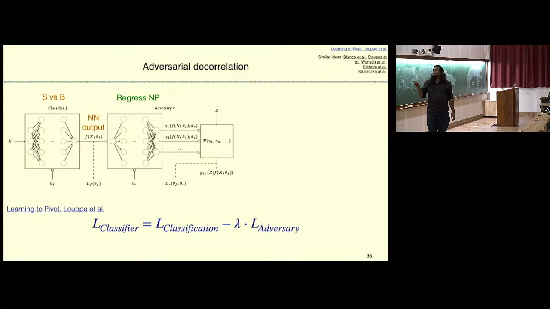So the idea here was that you penalize the classifier every time the regression network succeeds. Its combined target is this combined loss function, with binary cross entropy coming from the classification task, and this adversarial loss, which basically tells it that you need to be able to fool this second network in order to succeed.